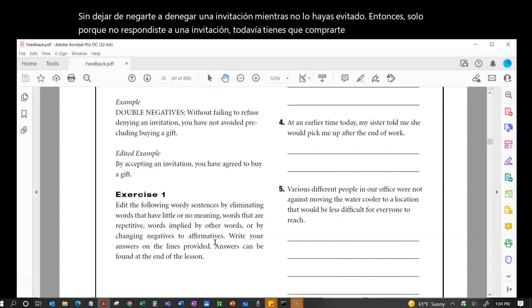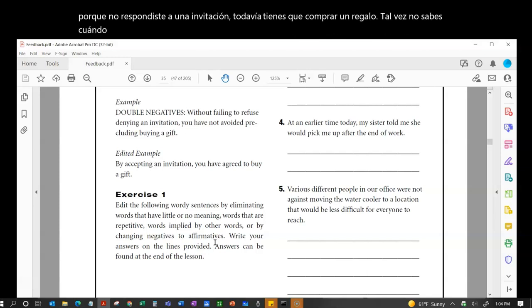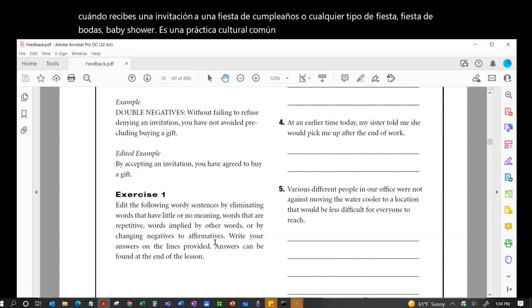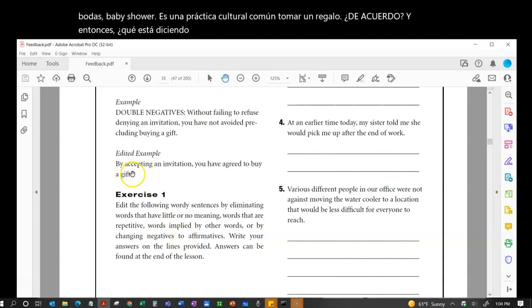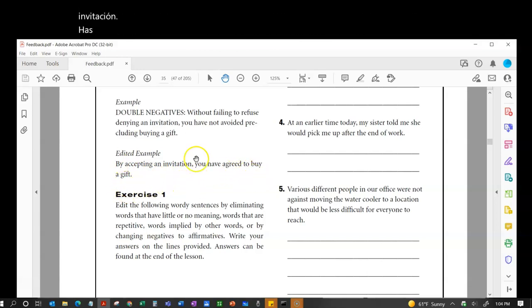Maybe you don't know, when you get an invitation to a birthday party, or any type of party, wedding party, baby shower, it's common cultural practice to take a gift, okay? And so what that sentence is saying is that, let's look at the edited example. By accepting an invitation, you have agreed to buy a gift, okay?